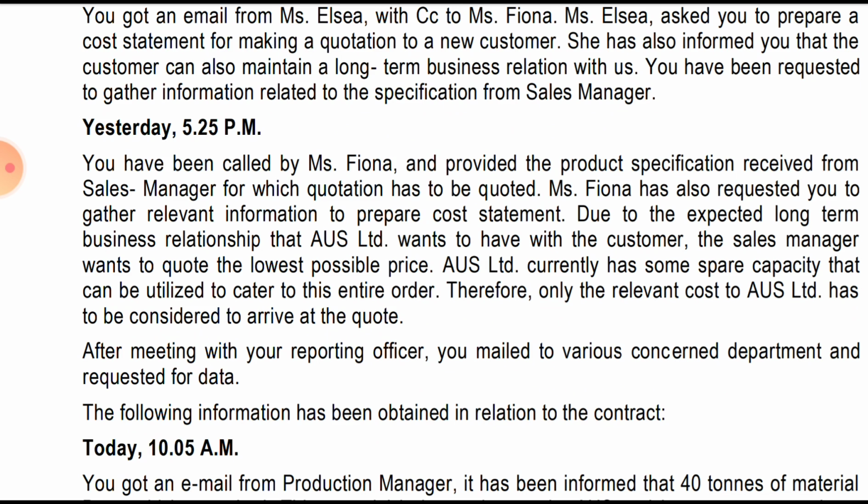AUS Limited currently has spare capacity that can be utilized to cater to the entire order. Therefore only the relevant cost for AUS has to be considered to arrive at the quote.